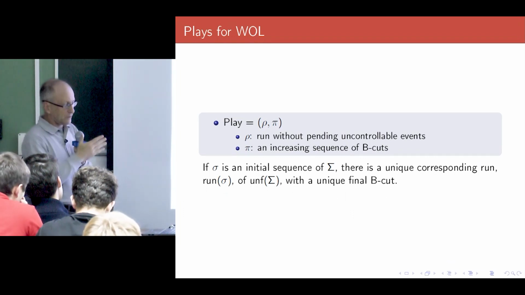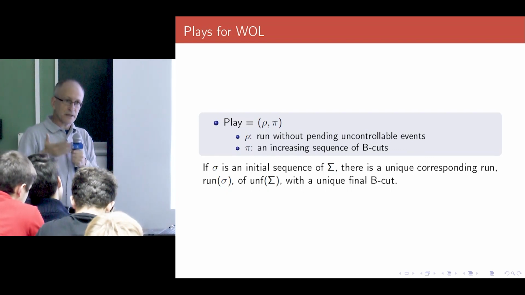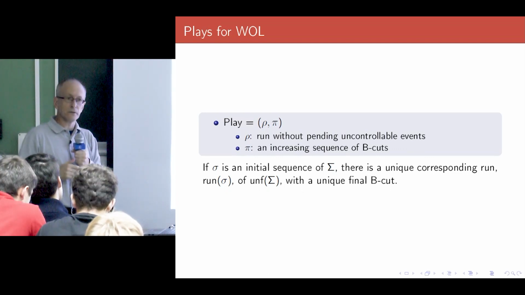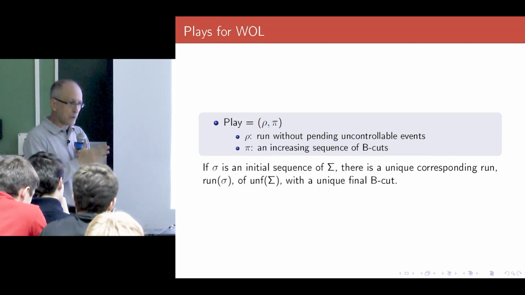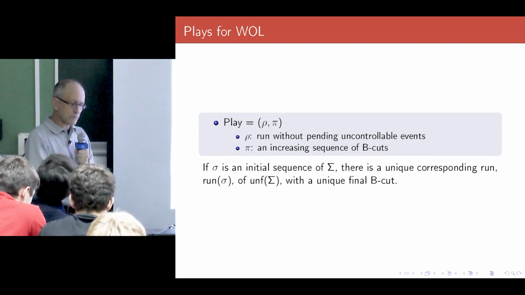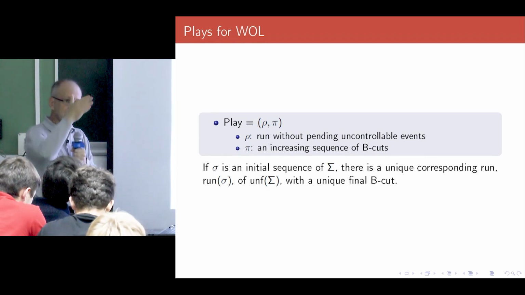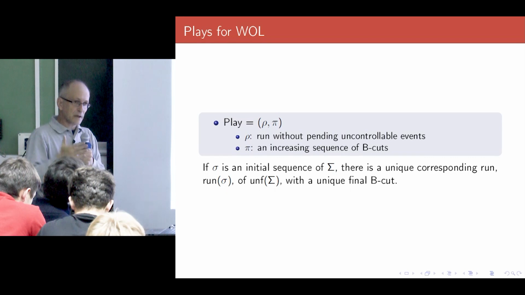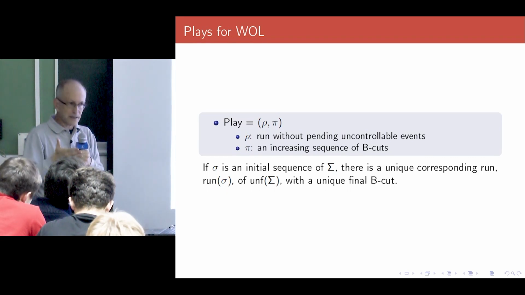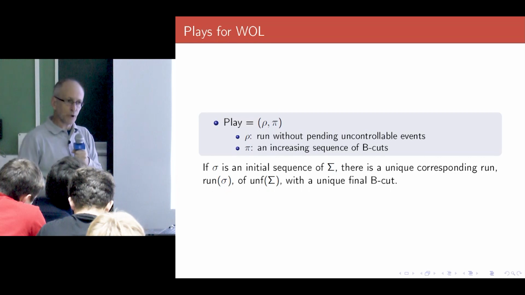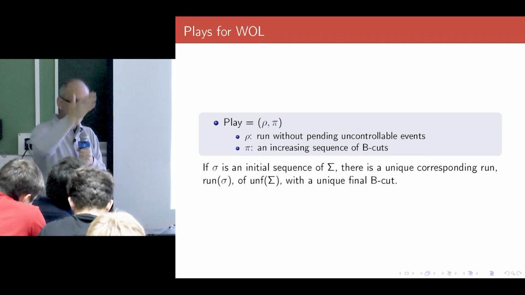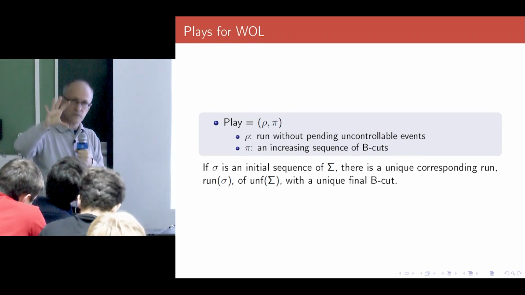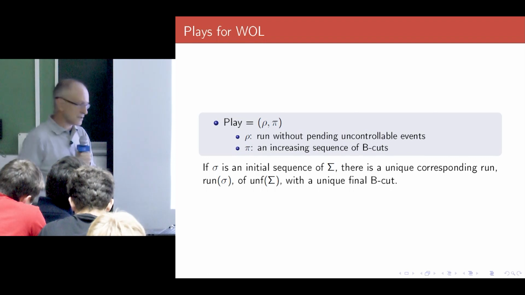But we also suppose that someone who is looking at this play between player and environment, every now and then is able to take some snapshot of the system and see what is true at that point. But we assume that this cannot be made at any instant, but only at some points. So a play will be the run, describing what happened, and this sequence of snapshots of the system in some instances.